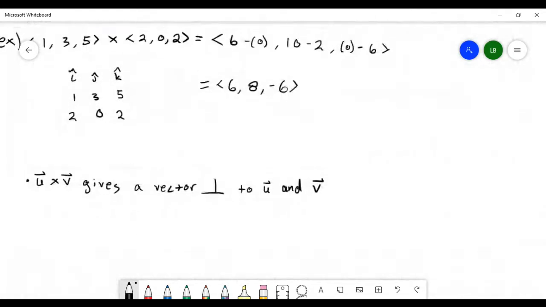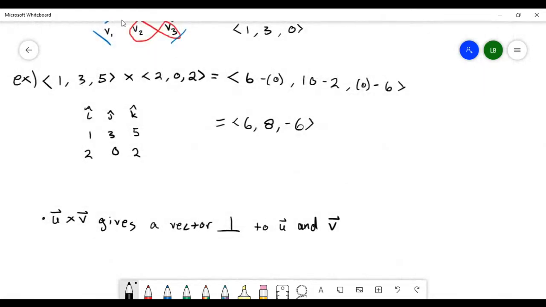If we look back at the vector that we got by taking the cross product of 1, 3, 5 and 2, 0, 2, we can really easily check whether it's perpendicular using the dot product. We can do 6, 8, negative 6 and dot it with the first vector, 1, 3, 5.